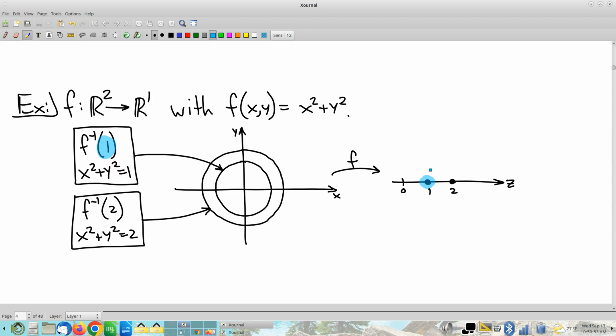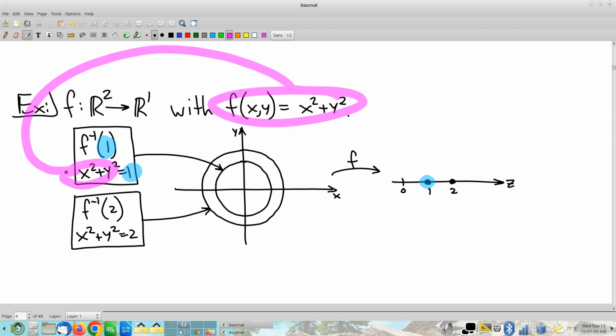The way we're going to do that is we're going to literally write down that I want the output value to be 1. I want that to be the output value of this function. So I'm literally asking the question, what are the x's and y's for which the output value of the function is this prescribed output value 1.